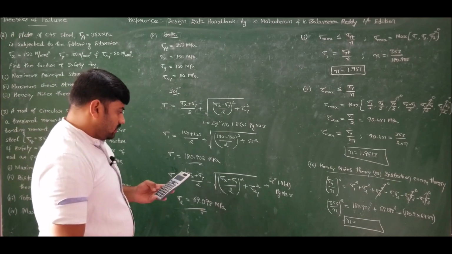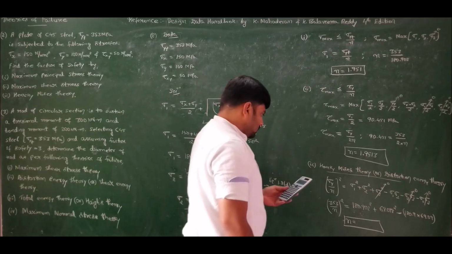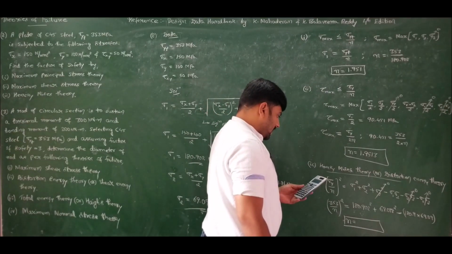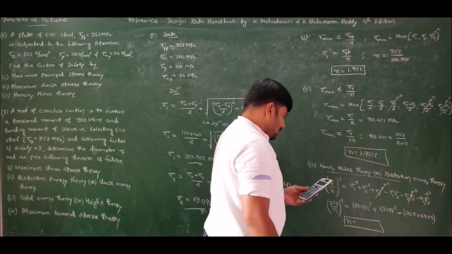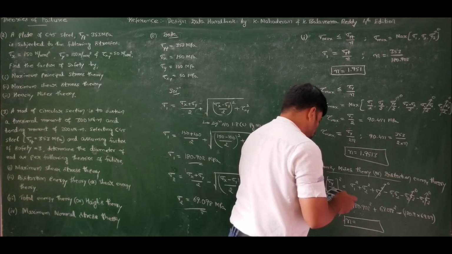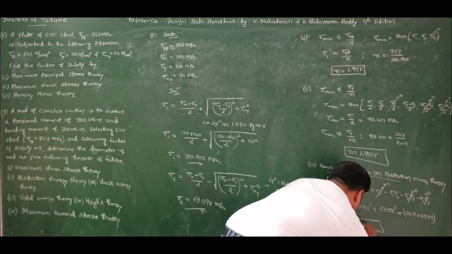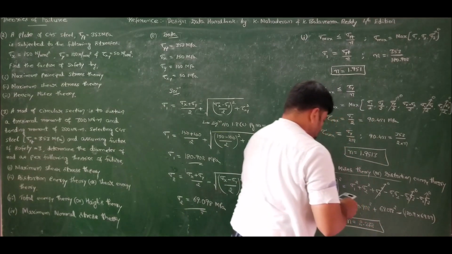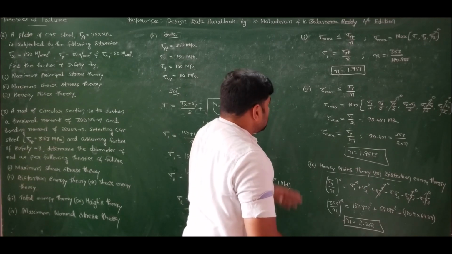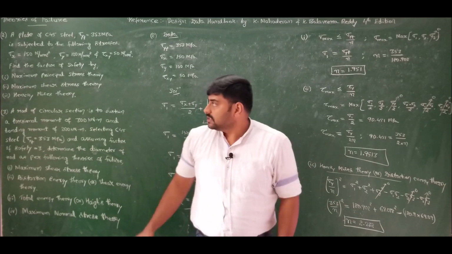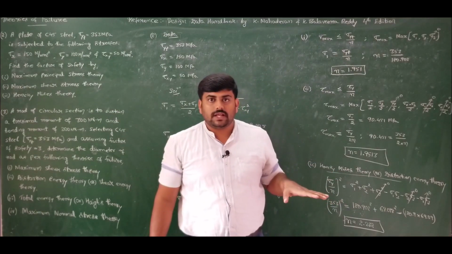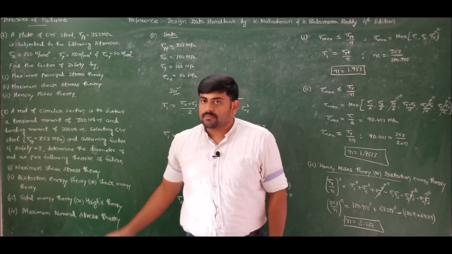If I solve, I will get the answer for the factor of safety as 2.232. This is the solution for problem number 2, wherein we have calculated the factor of safety using these three theories of failure. Let me pause this video for a while so that you can copy it down. Later we will address problem number 3.